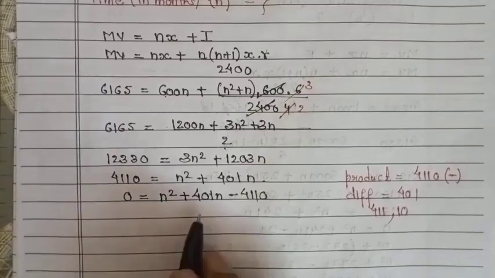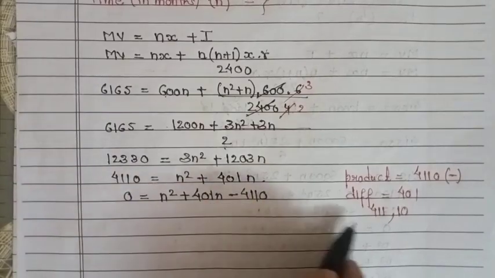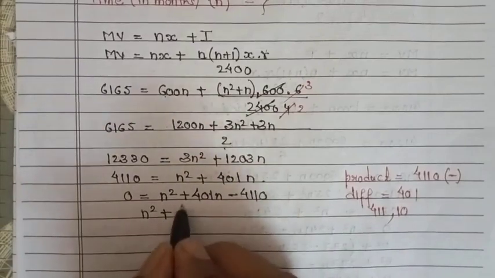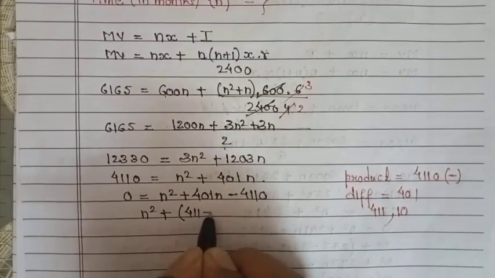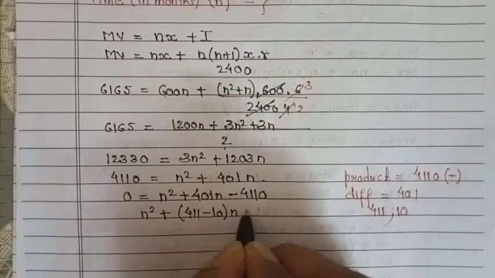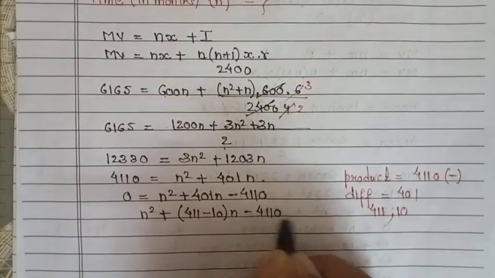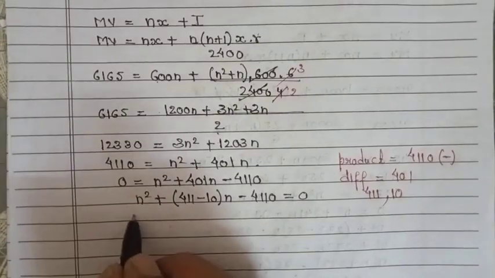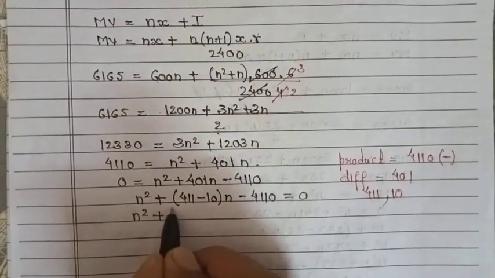So what we will do here, this middle number 401 will be replaced by 411 minus 10, is equal to 0. Now open the bracket.